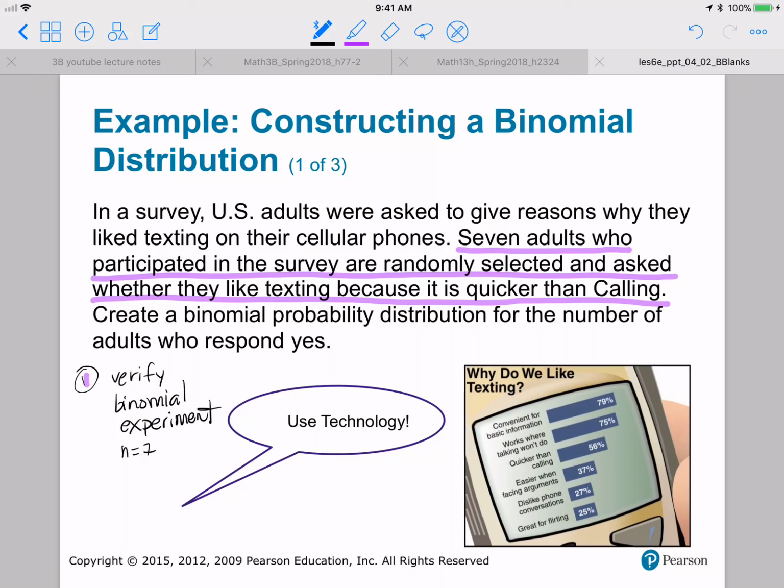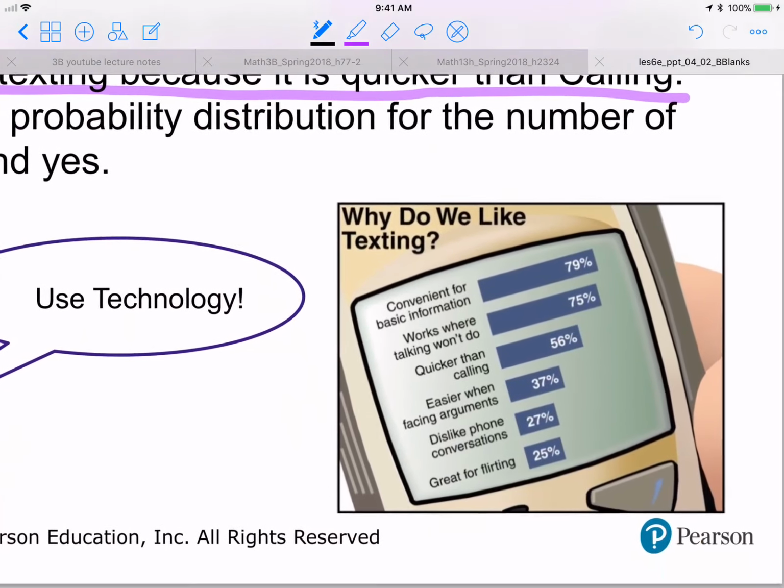The second thing we would need to verify is that there are only 2 possible outcomes of interest, and again, yes, that's true. Either yes, that is the reason why you like texting, or no, that's not the reason why you like texting. The third thing is that the probability of success is the same for each trial. What is the probability of success? I don't see a number here. That's where we need to scroll down and look here.